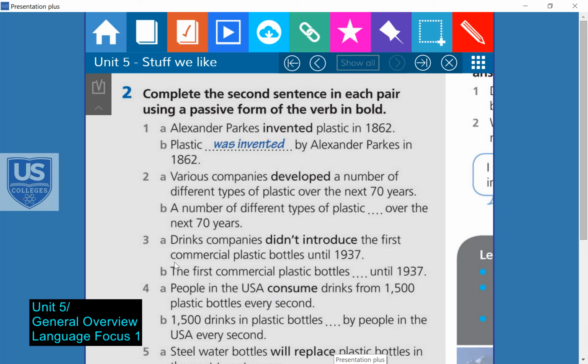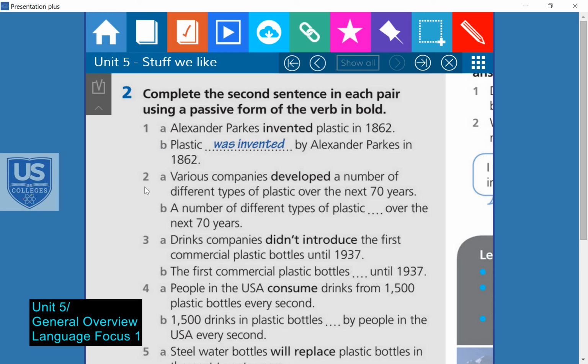There is one more important point that we need to keep in mind. Whatever the tense is in the active sentence, we need to stick to it in the passive sentence, which means various companies, as in the second example: various companies developed a number of different types of plastic over the next 70 years.